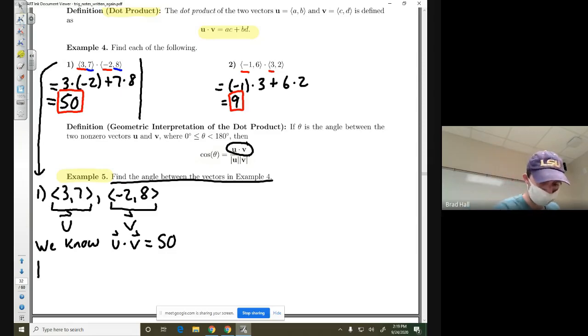Now, the absolute value of a vector, does anyone happen to remember what that means? It's not the absolute value of the dot product. It's the absolute value of a vector. It's from last class.